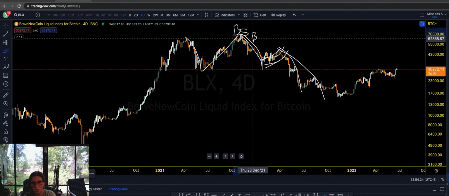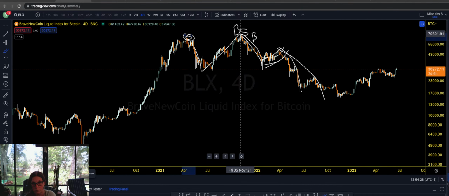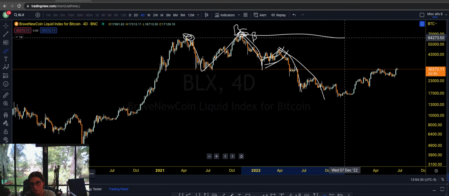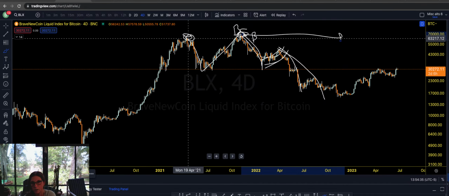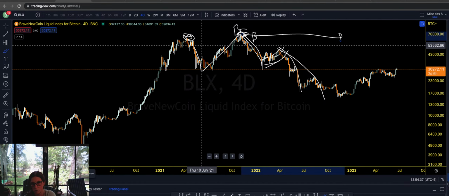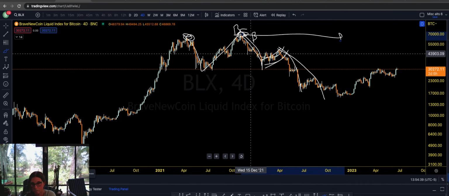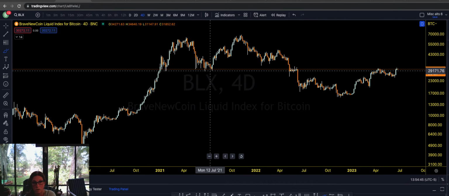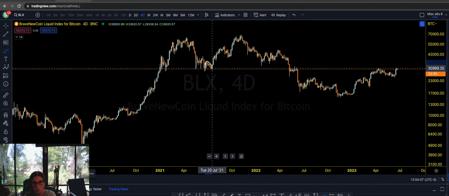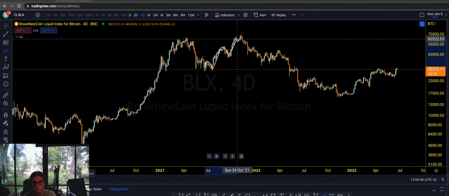The only thing that would matter at this point is where you pull time from to project when this wave 2 might end. At this point, it doesn't matter which one it is. Okay. At the time it mattered, and it was very hard to say, is this 1, 2, 3, 4, 5?